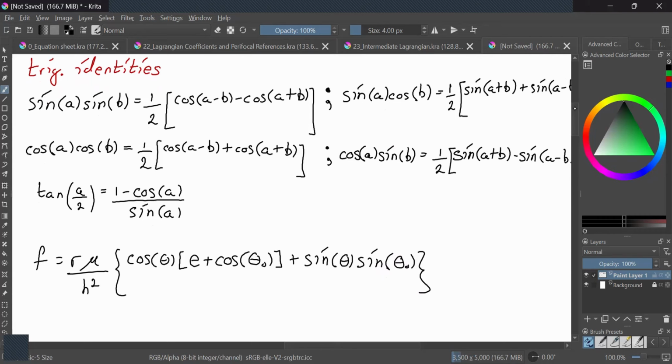All right. So that is the copy over of F. And like I said, we want to simplify it.